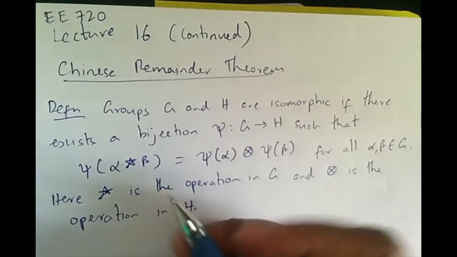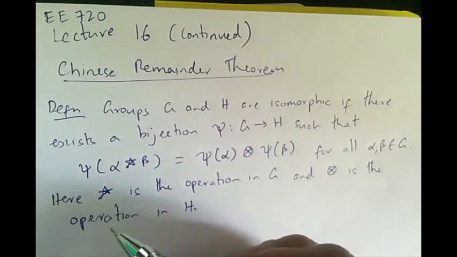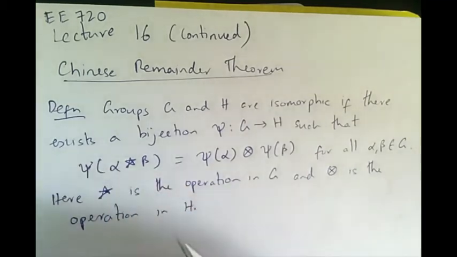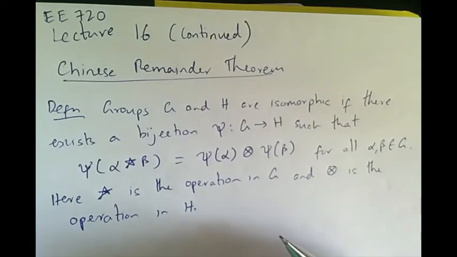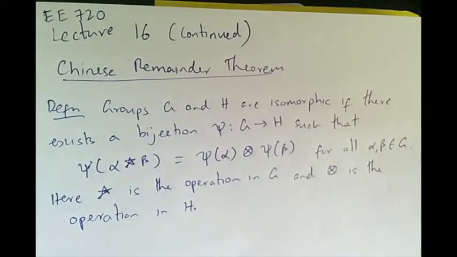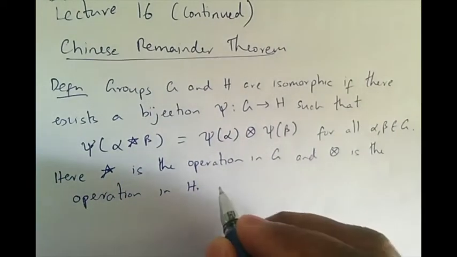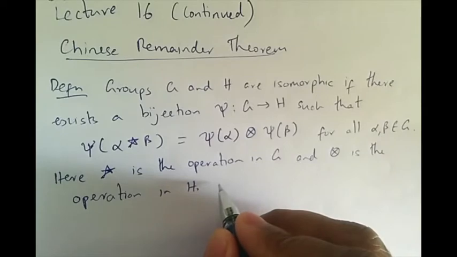Okay. And this bijection psi is called an isomorphism. It's an isomorphism between the groups G and H. And when we have these groups G and H which are isomorphic, the notation is this.